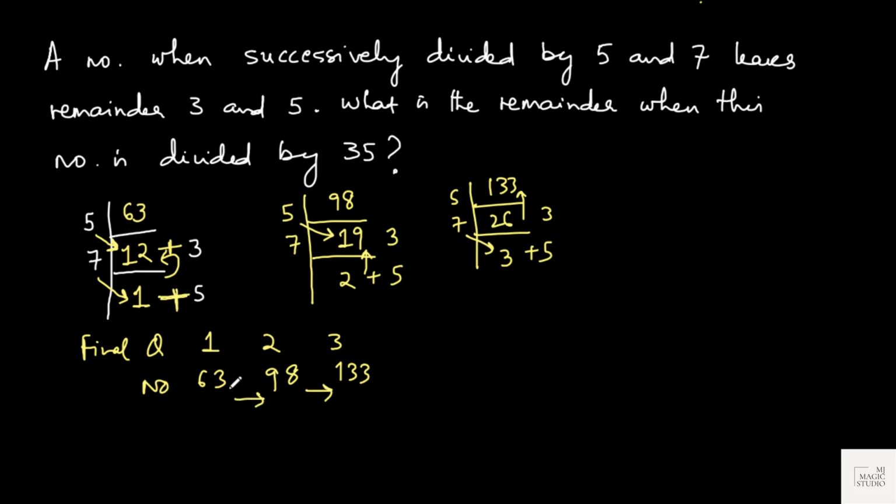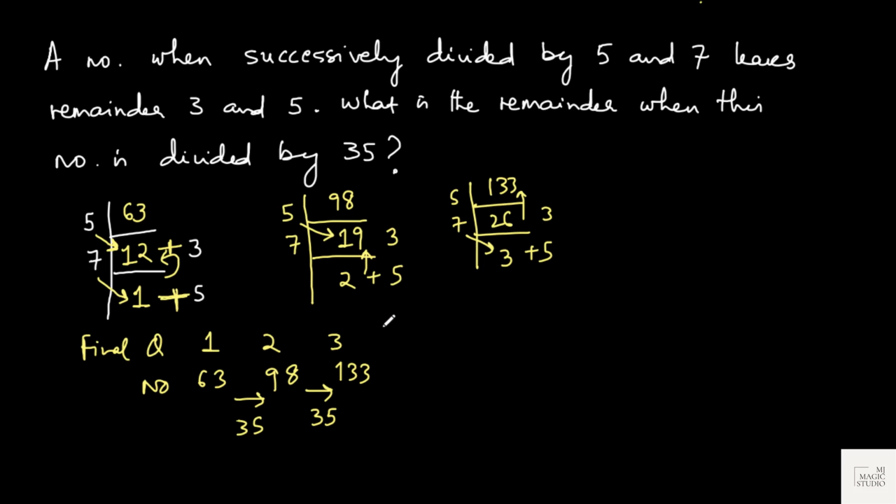Here if you see, the difference 98 minus 63 is 35. 133 minus 98, the difference here is also 35. So this number series with common difference 35 and starting with 63 gives all those numbers which when successively divided by 5 and 7 leave remainder 3 and 5 in all cases.